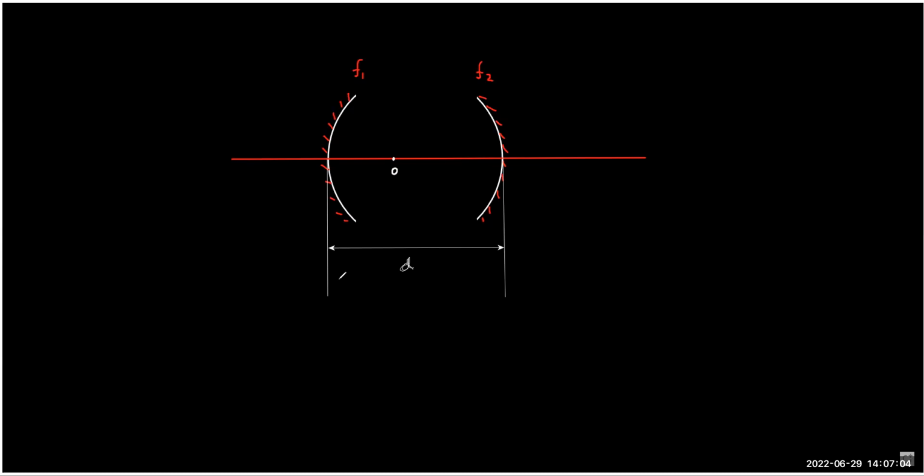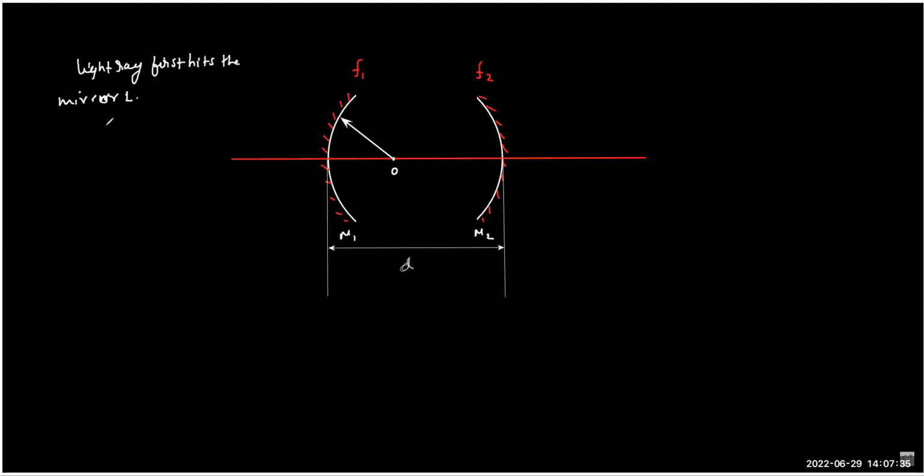the light ray first hits mirror one. This is given that the light ray hits mirror one, then mirror two. What does it mean?